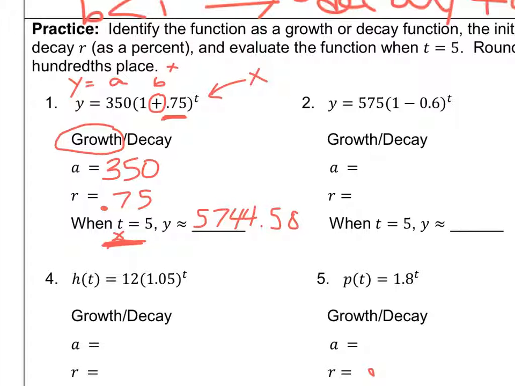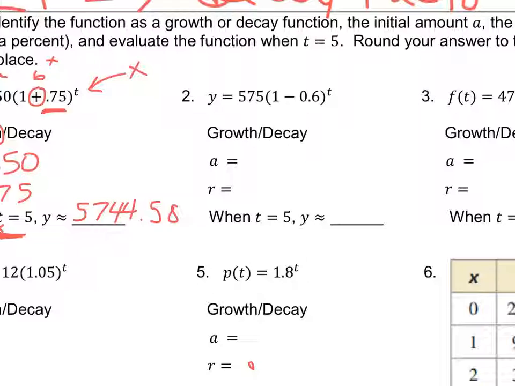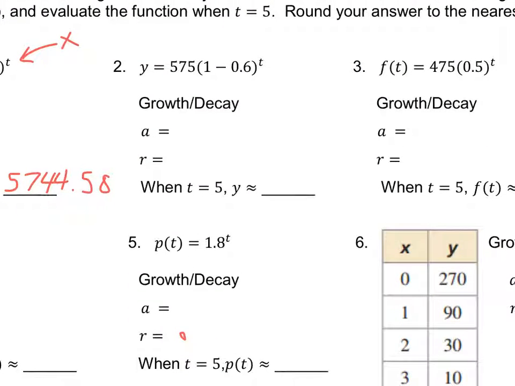Okay, so now let's look at number 2. Since that one was a growth, let's look at a decay value. On a decay value, same thing, we have y equals a, that's our initial amount or our y-intercept, times b, in this case our decay factor, to the x value.